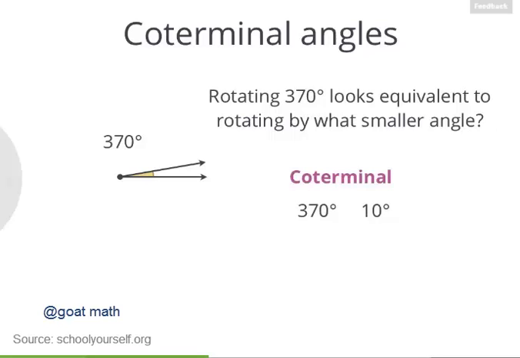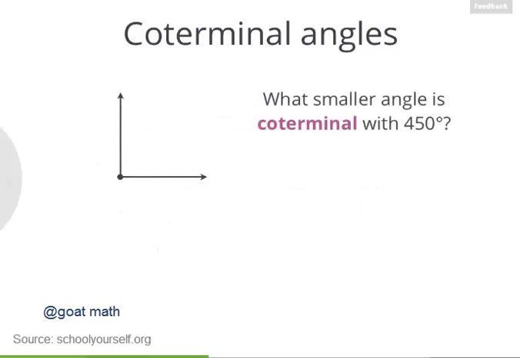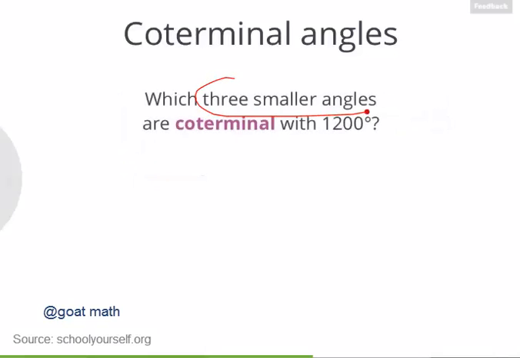Let's look at another example. Let's rotate this line by 450 degrees. What smaller angle do you think is coterminal with 450 degrees? Precisely. So 450 degrees and 90 degrees are coterminal. Now for a trickier question. Which three smaller angles are coterminal with 1200 degrees? Here's a hint.